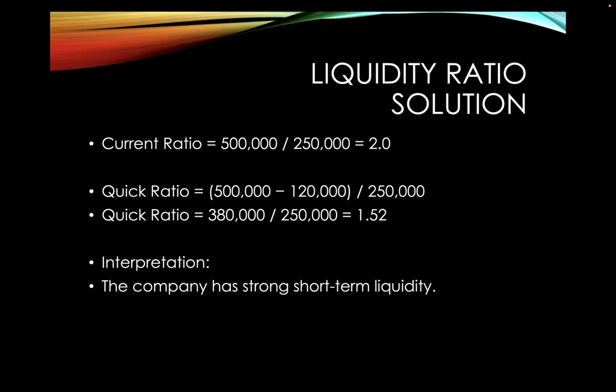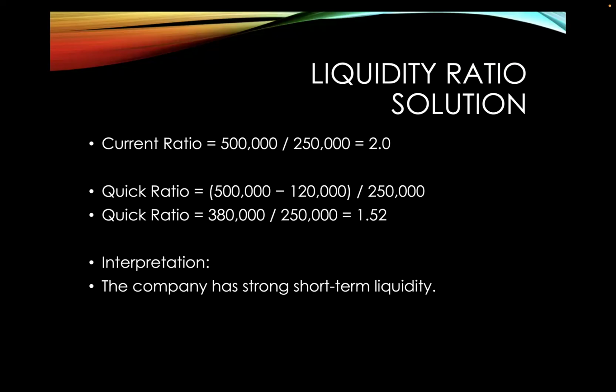So the interpretation is the company has a strong short-term liquidity, meaning its current assets can easily pay off its current liabilities. Again, what's the definition of liquidity? It's the ability of the company to pay its short-term obligation. So what this ratio is telling us is that the company is able to pay its suppliers for merchandise purchases, payroll for employees, utility bills.